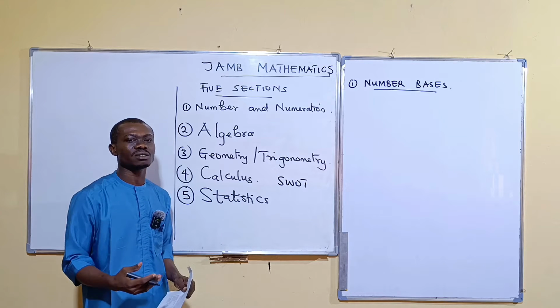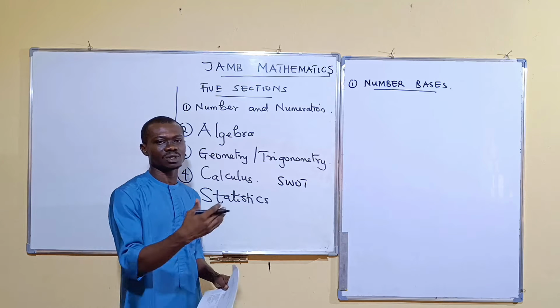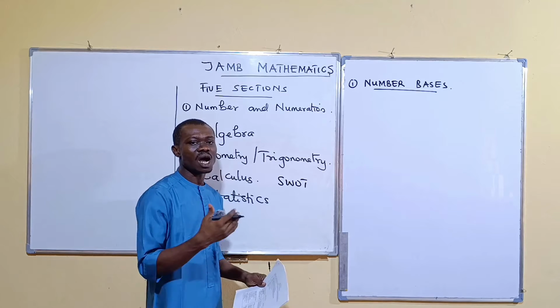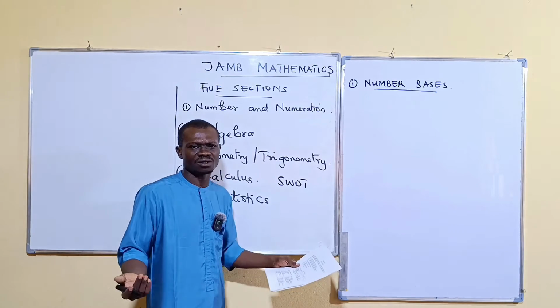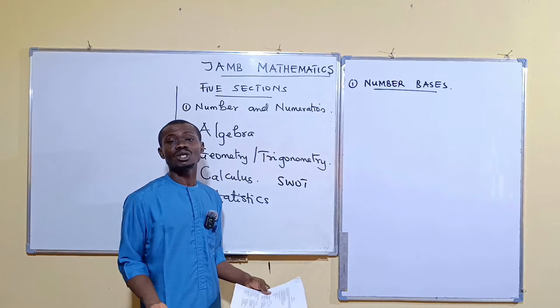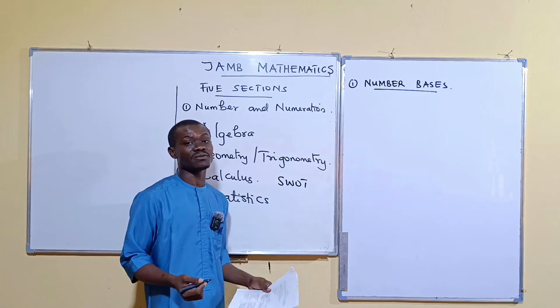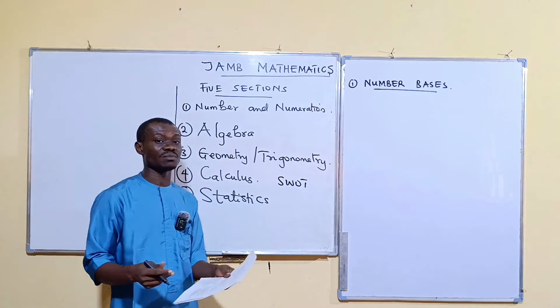So if somebody asks you today, say you have 1 month to JAMB exam, how prepared are you in math, you should be able to say I'm 60% ready, I'm 80% ready, I'm 90%. And how do you know that when you don't know the topics involved? So that's why I take time to give you all of that.